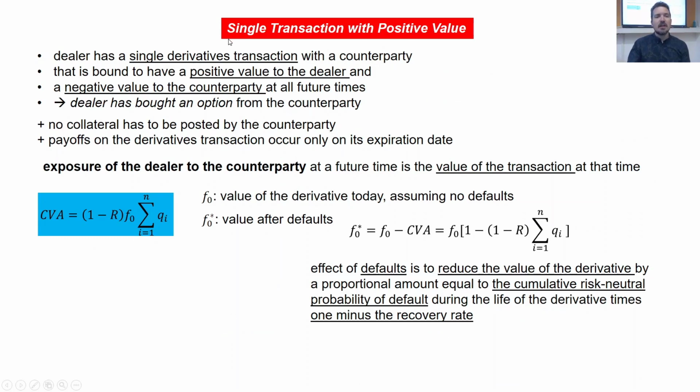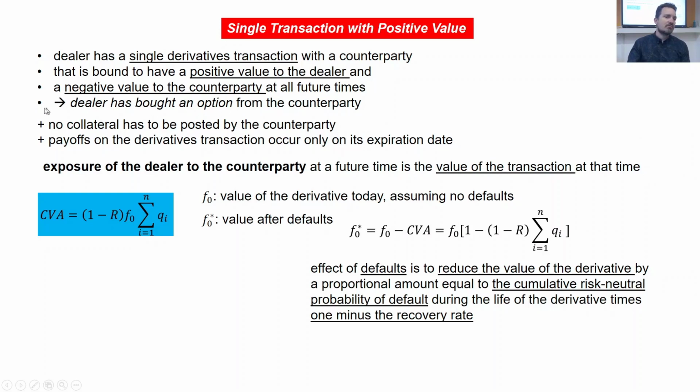Okay, and after that there were some approaches described by the book, on how we can model single transactions with positive values. And we can assume really simple facts. So first of all, there is one derivative, and the next thing is that it is a positive value to the dealer, so practically we are buying things, and they have to sell later on, and the dealer has booked an option from the counterparty.